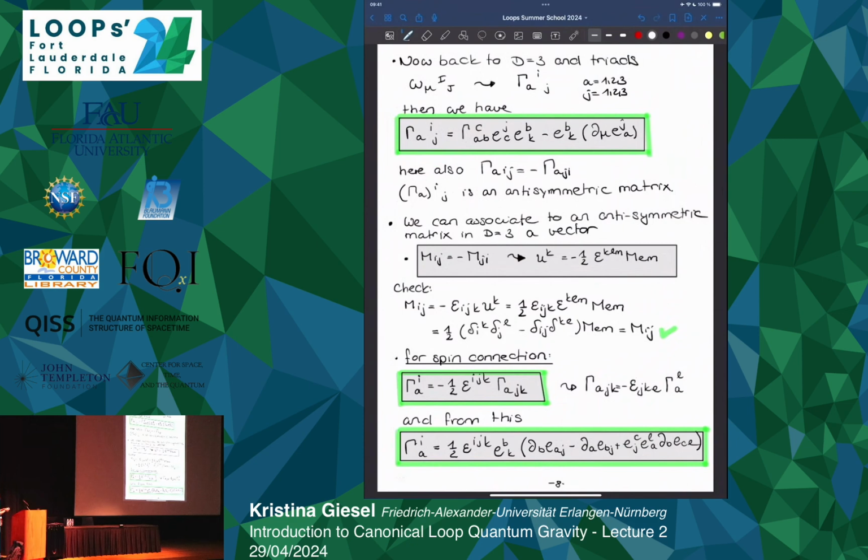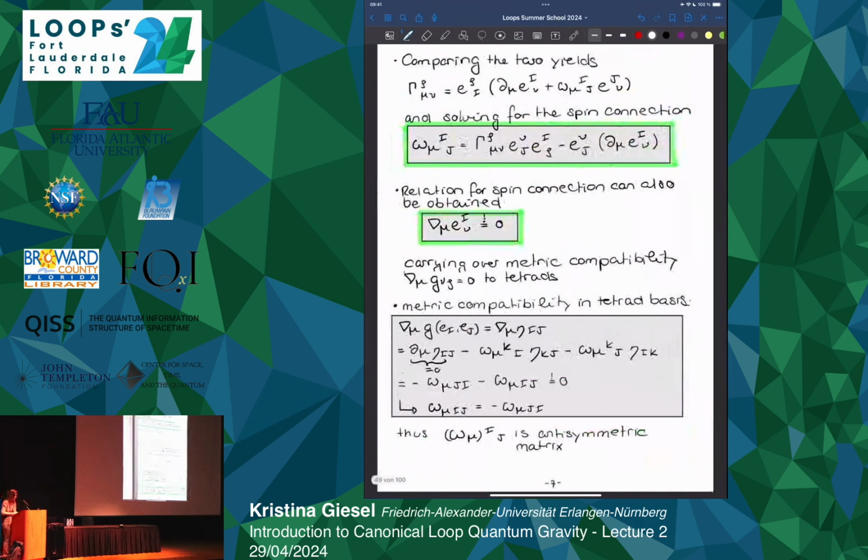Now if we go again back to 3 dimensions, I denote the corresponding spin connection by gamma. It has now not a space-time, but a spatial index a, and it has the internal indices lowercase i and lowercase j here.